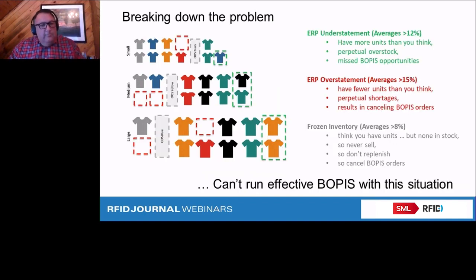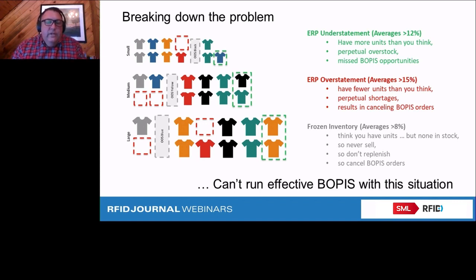So again, you take that example that comes out. This is how the problem is exhibited. The ERP, there are 3 categories of errors inside a retailer that we found during our projects. The first one is understatement of inventory, which means you have more units than you think you do.